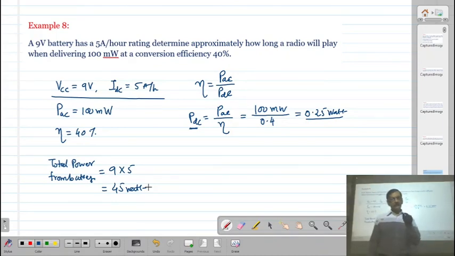In 1 hour, 0.25 watt is consumed. Then we can calculate how long your radio will play.